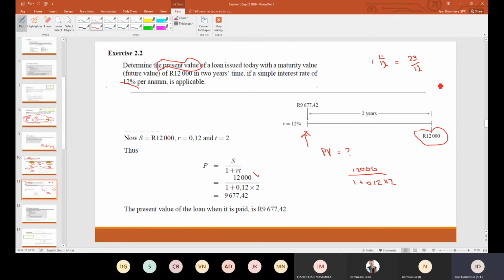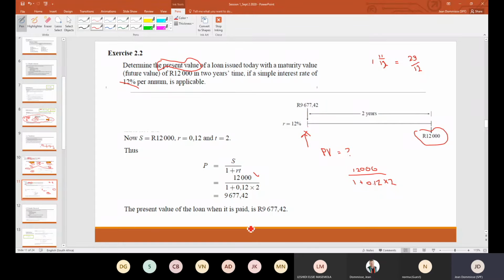So again, I'll add that later onto the list of things as well, to say, if you see this word, this is what it means, this is what you need to do, this is how you put it in your calculator when we need to get to the questions, so that you know if it is quarterly, it is 4 times a year. If it's every 6 months, it's twice a year. So those things I will also add to the presentations as we go along. So just to make it easier.